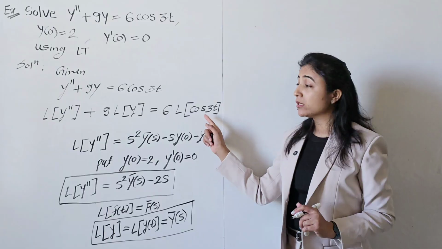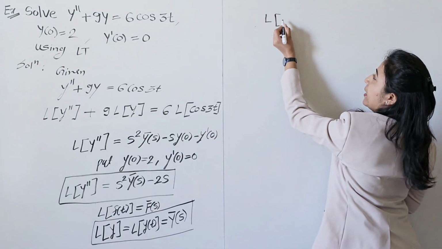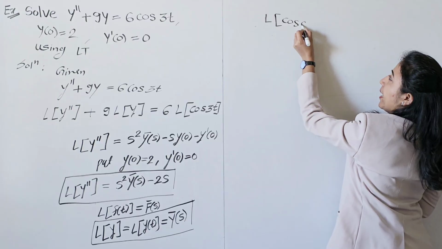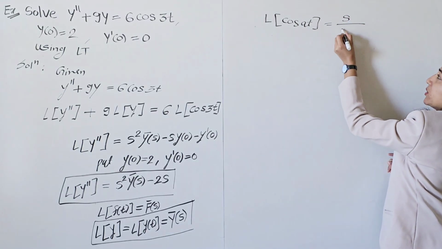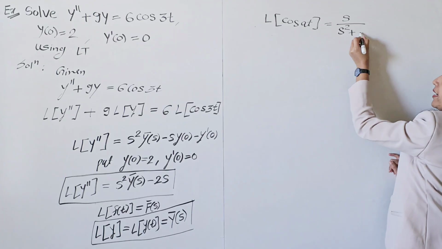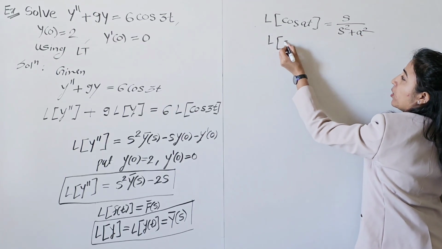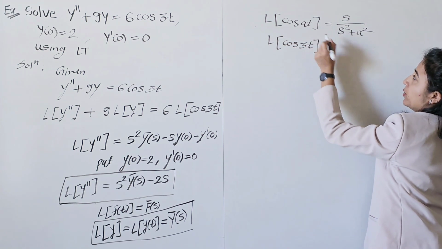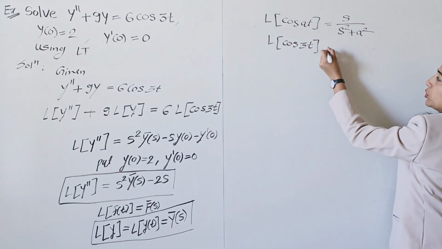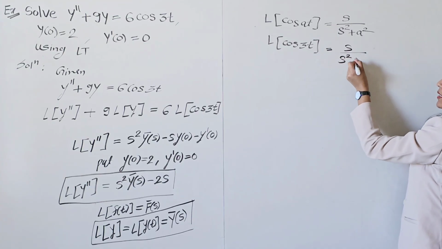Now the right side is cos, so here you have to use our formula. We know that Laplace of cos at is s upon s square plus a square. Using this formula, for cos of 3t, instead of a it is 3, so you will get s upon s square plus 3 square.